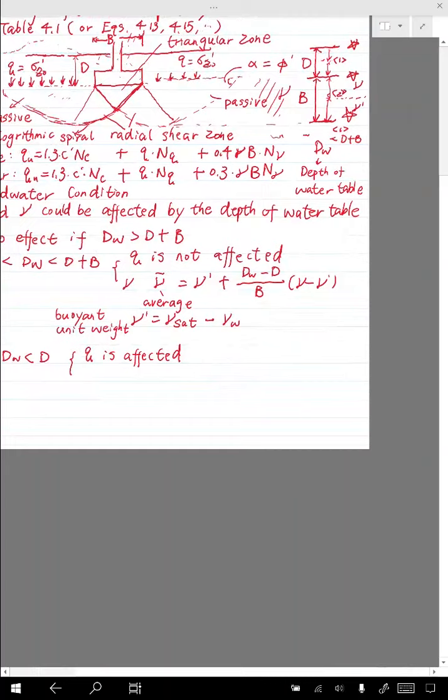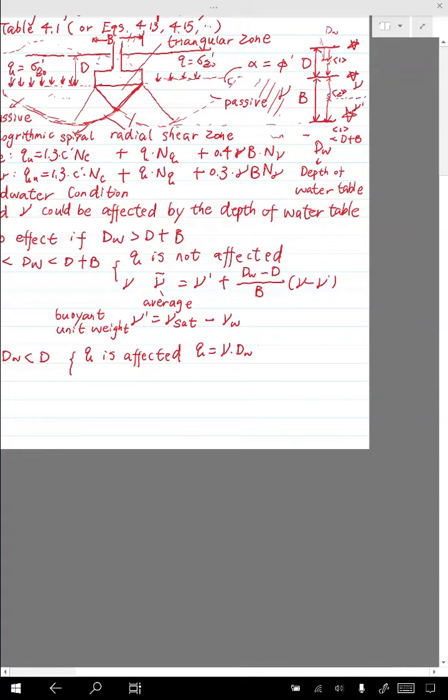And if you need an equation, so I can do it here, Q equals gamma times dW. So you can see that gamma is the natural unit weight. dW here in this case is from here to here. Then this is dW.